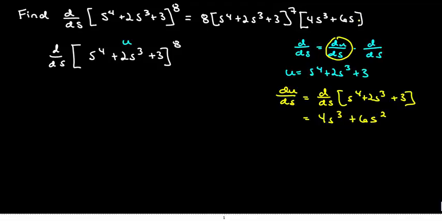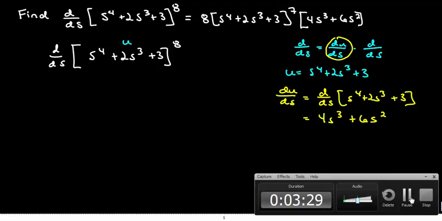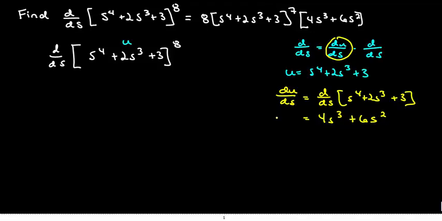Oh, this has got to be squared. I forgot to square this here, because I have to subtract 1 off the power. Okay, so this is du/ds.